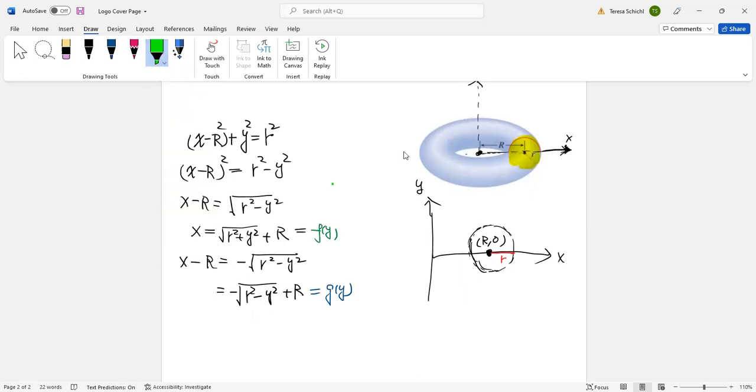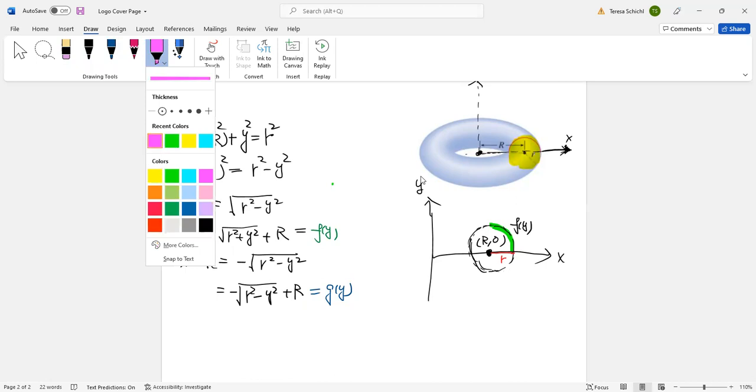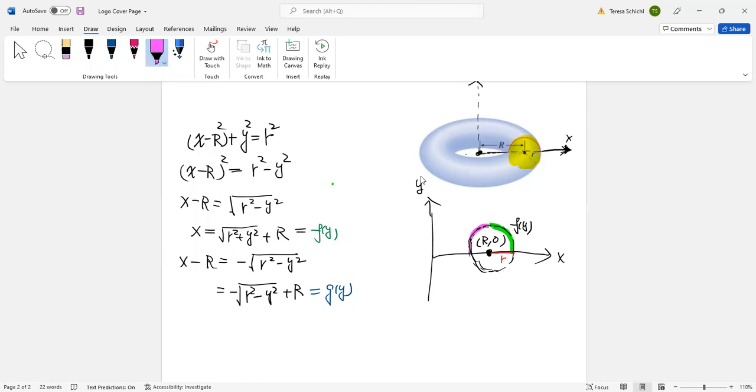It's the positive square root of r squared minus y squared plus R, so this segment here is my f of y. And the same way, x equals the negative square root of r squared minus y squared plus R is my g of y function.